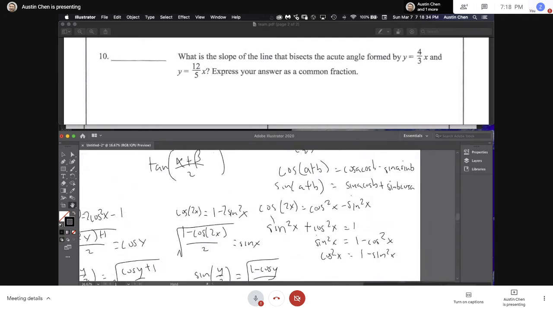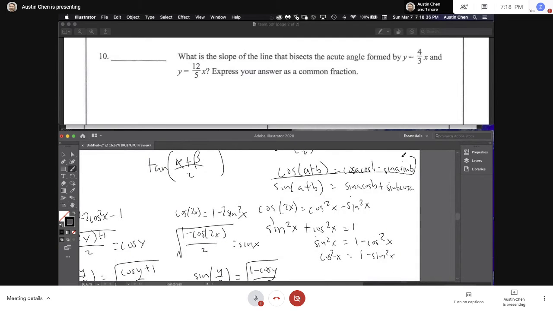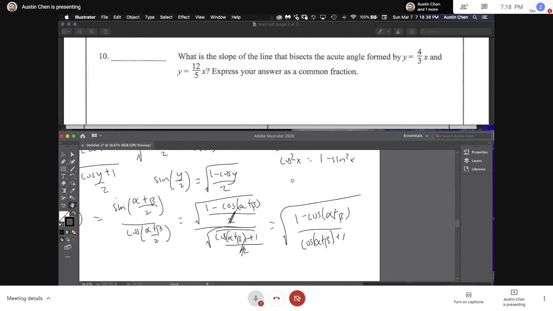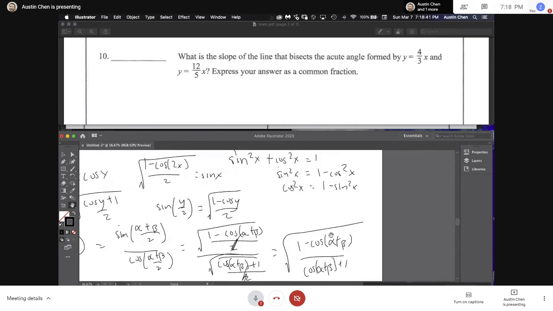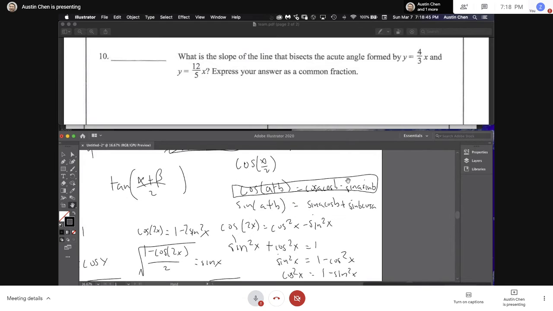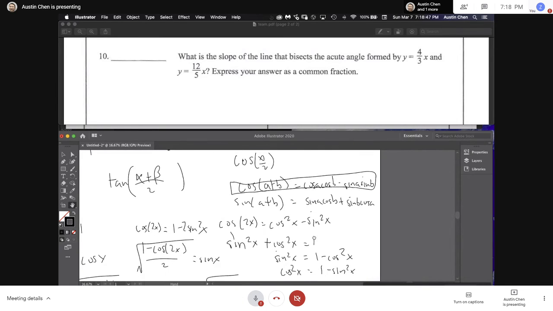So now we can use this identity. We have cosine of alpha plus beta, and we want the individual trigs of alpha and beta. We can use this to get the individual trigs of a and b, right?